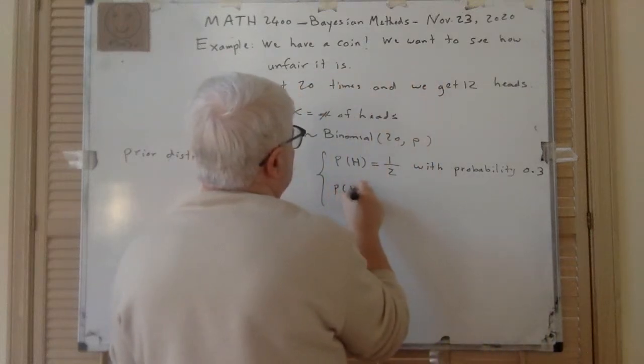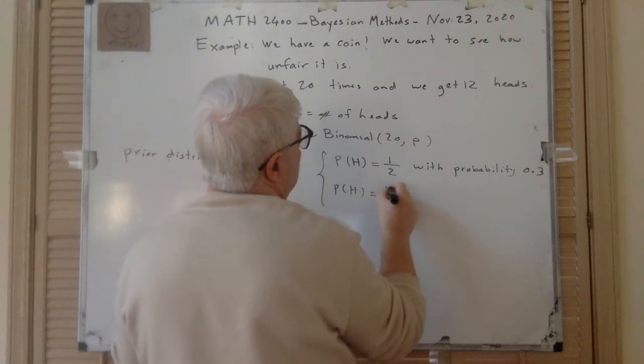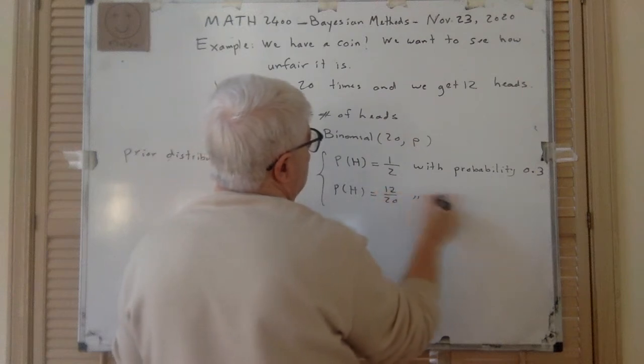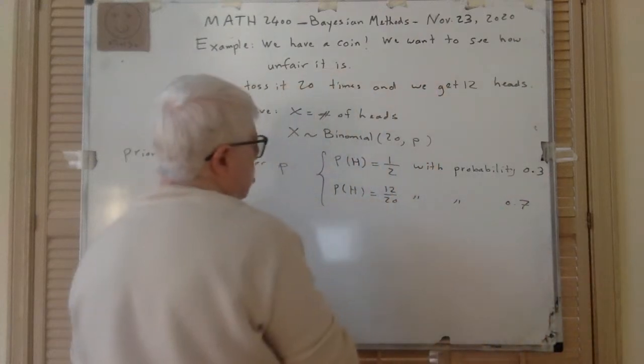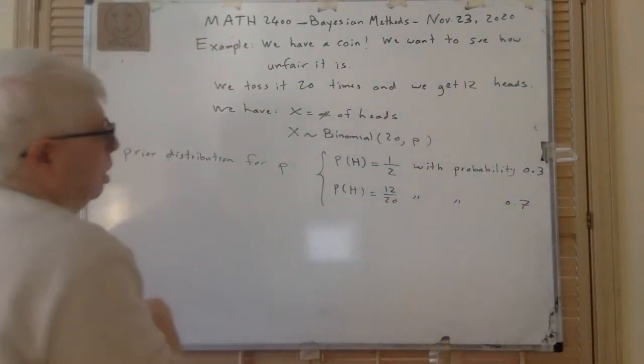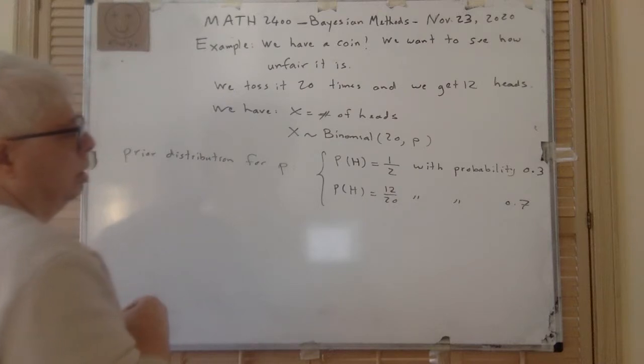And P of heads, let's take this 12 over 20. So 12 over 20 with probability 0.7. So we want to see which one really is better.